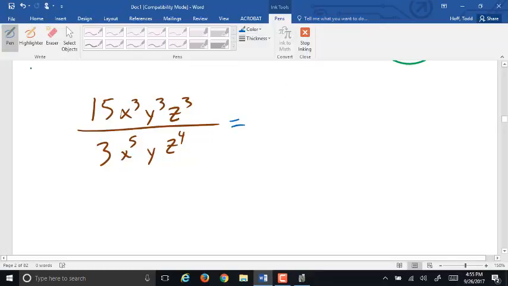If it asks me to divide, I'm going to divide it out. What is 15 divided by 3? 5. X to the third divided by x to the fifth. Well, what is 3 minus 5? It's negative 2. That's x to the negative 2.